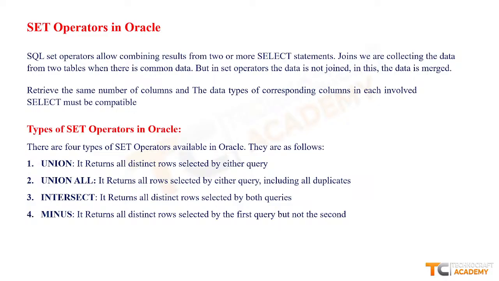It's just like an inner join, we can say, but all the rows will not be considered from both the queries, only the distinct rows which are common between both of them will be selected. And then we have minus. Minus returns all the distinct values from the first select query which are not present in the second one. So this is about minus.